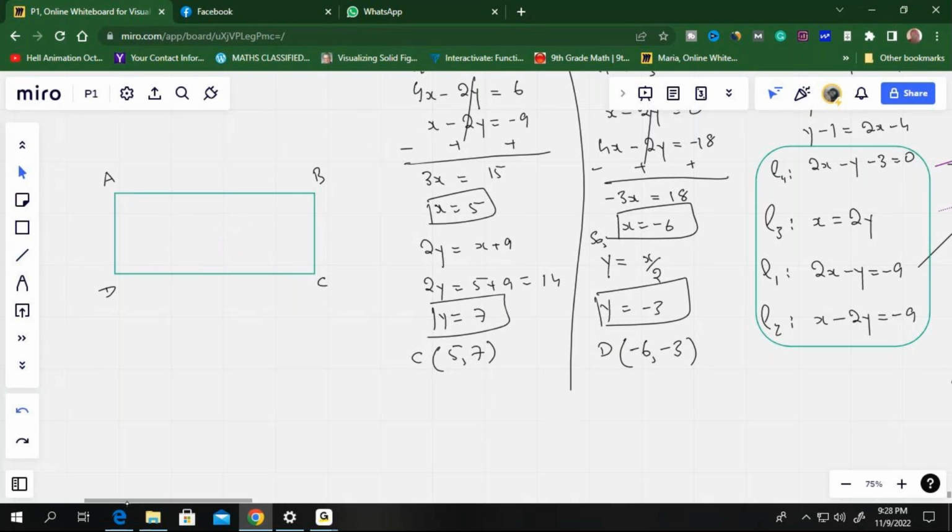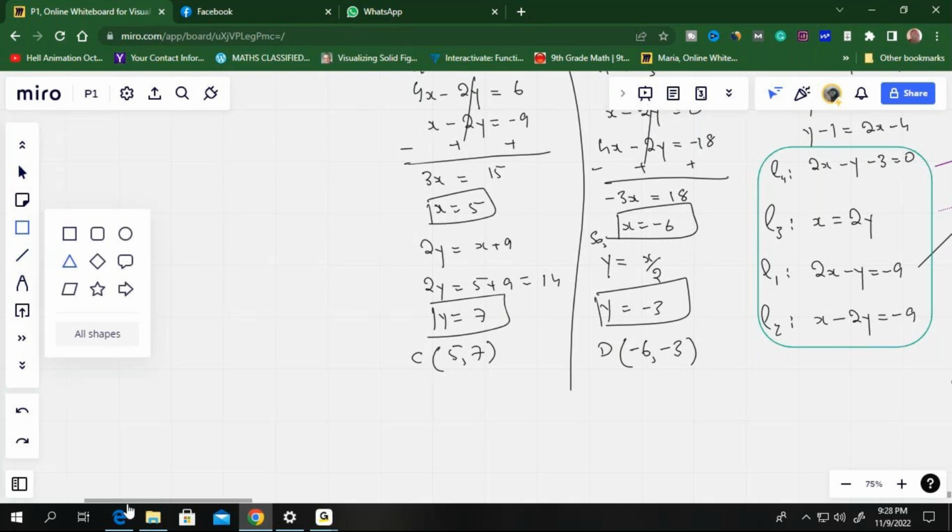So if I try to draw here a parallelogram, it will definitely work. This is a parallelogram here.